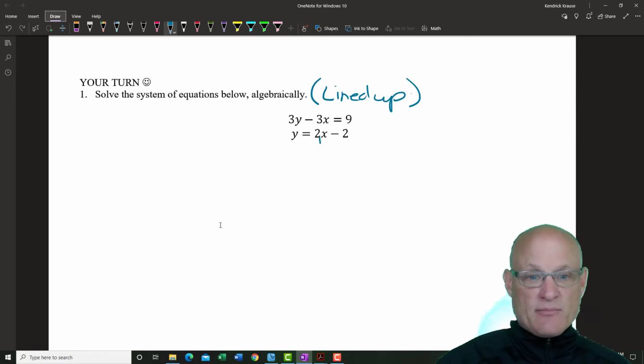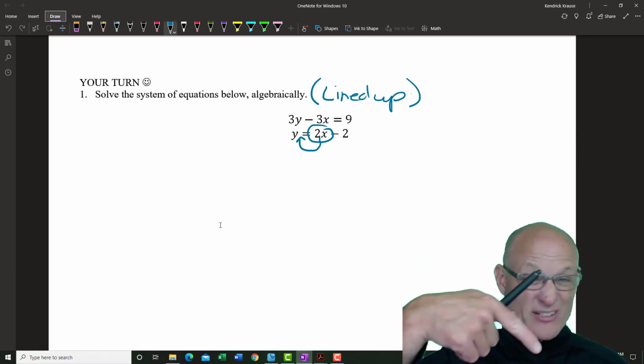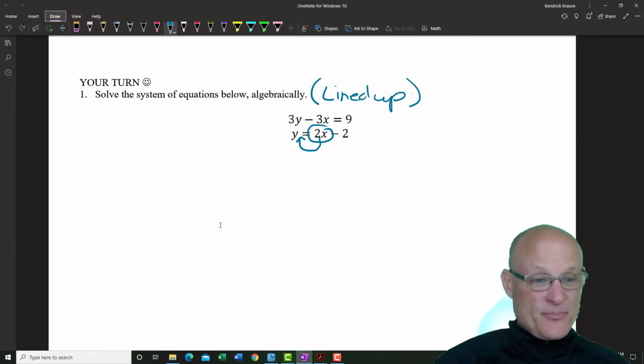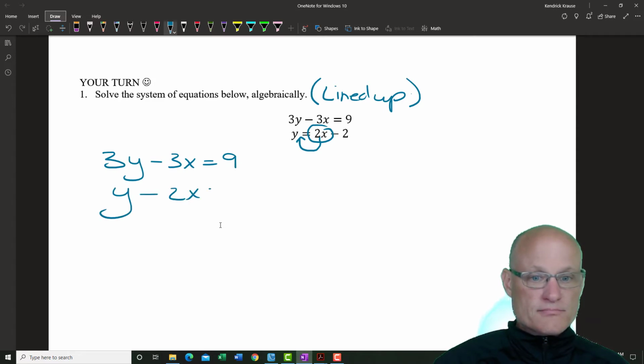So in this case, I need to move this over, and put it right there. And this is positive on the right side, so when I slide it over to the left, it'll be negative. So I'm going to rewrite the first one. I'm going to try to get these things lined up before I even think about changing anything. And then notice there's still a negative 2 on that side. Be careful of the signs.